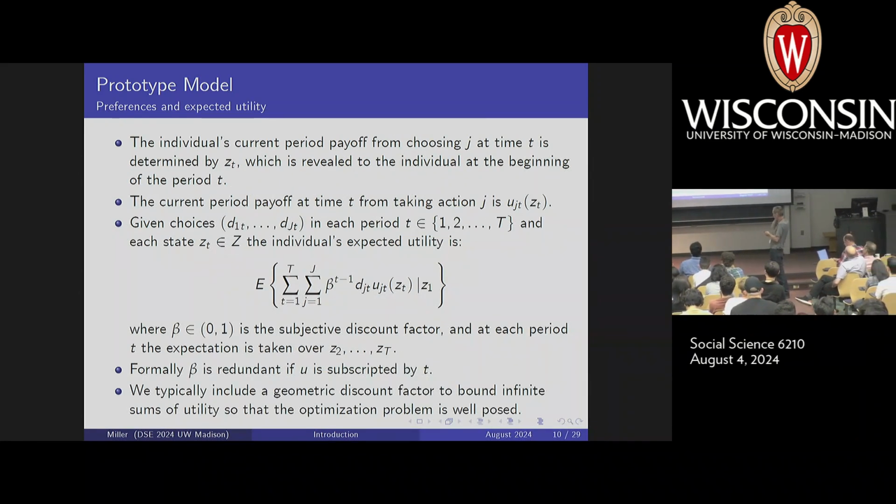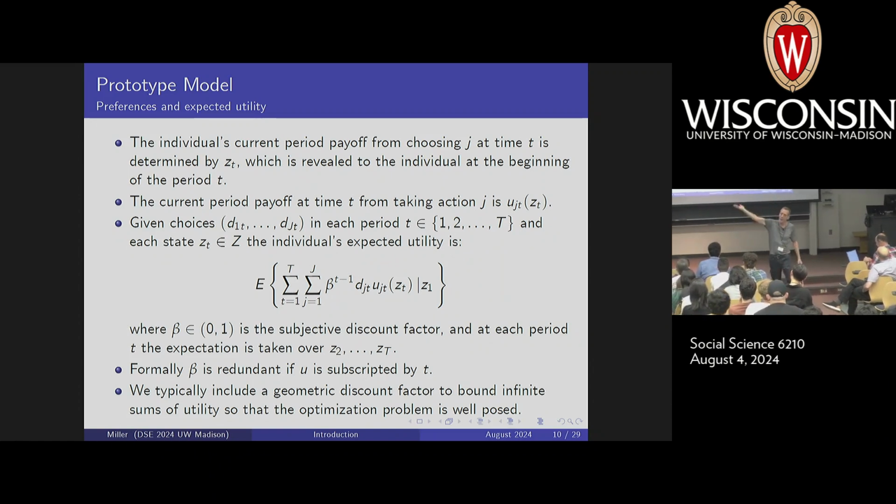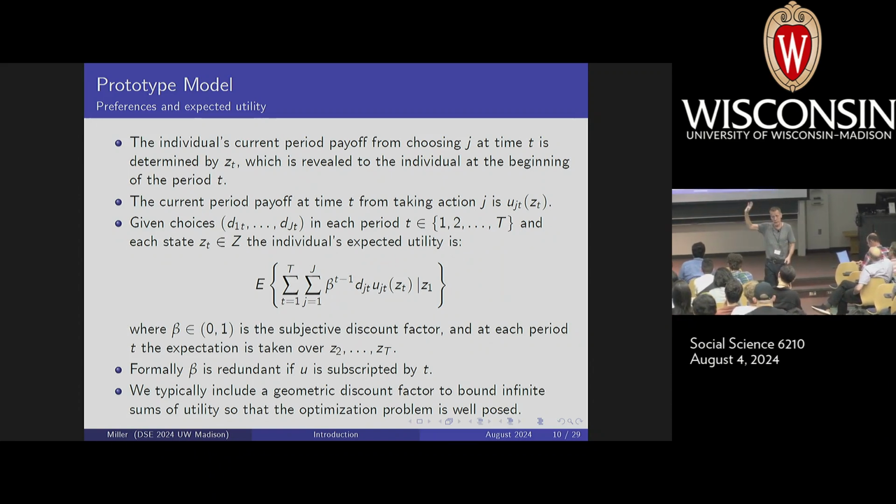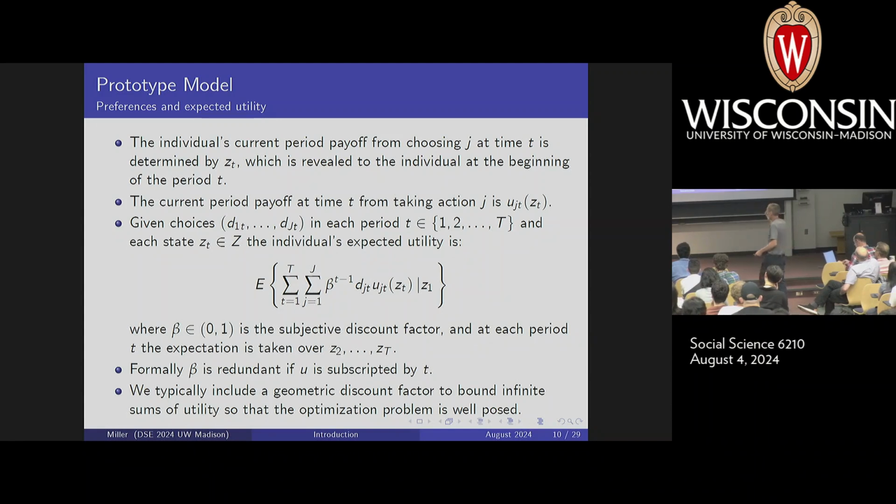So you've got these guys with expected utility, discount factor here, utility here. Only one of these D's is 1, so you're picking out which utility you get each period, taking an expectation over the future, because you don't know what's going to happen in the future. You've got a transition matrix, remember, but you don't know exactly what's going to happen.